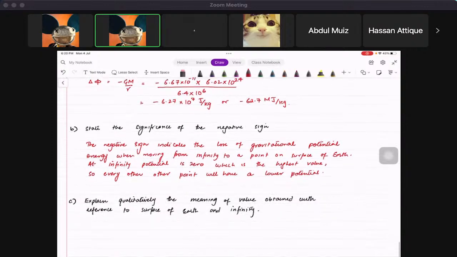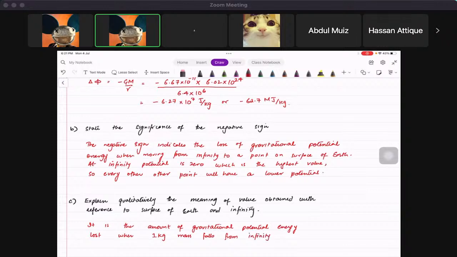Basically this means that it is the amount of gravitational potential energy lost when 1 kg mass falls from infinity to surface of Earth. So this is the amount of energy it has lost. Do you understand now?